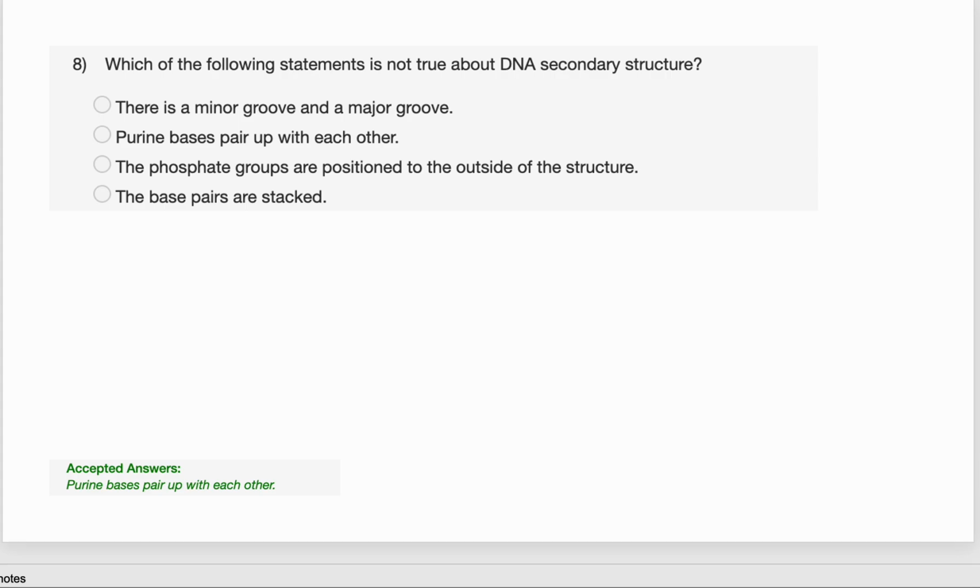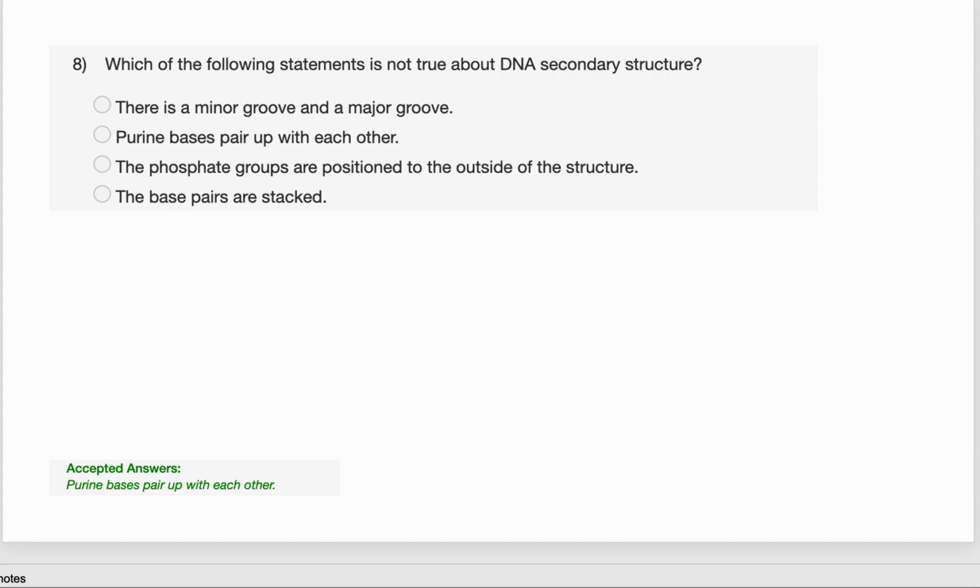They stack among each other. So option D is correct. The phosphate groups are actually positioned outside the structure, because you can remember that there's a sugar group and the phosphate group. They form the backbone of the DNA structure.